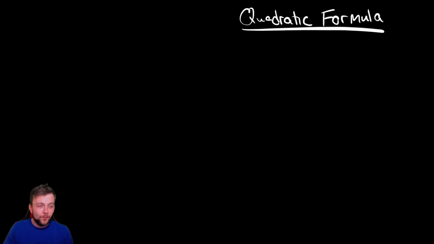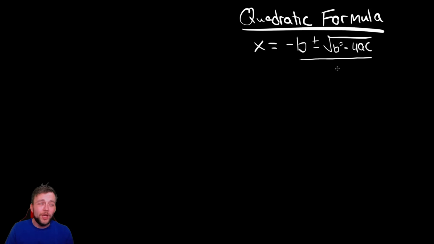So our quadratic formula is the following. x equals negative b plus or minus the square root of b squared minus 4ac, and all of that is over 2a. Okay.